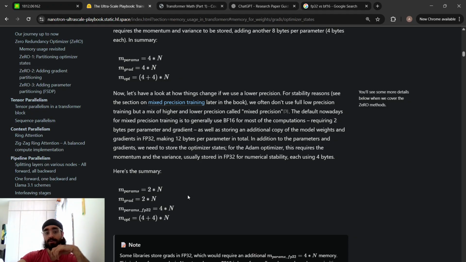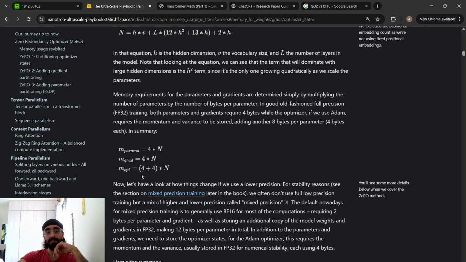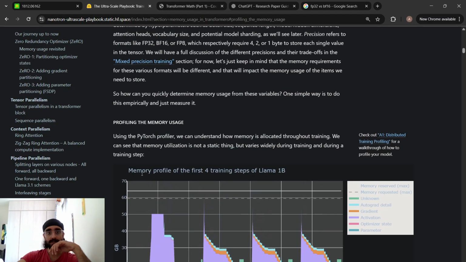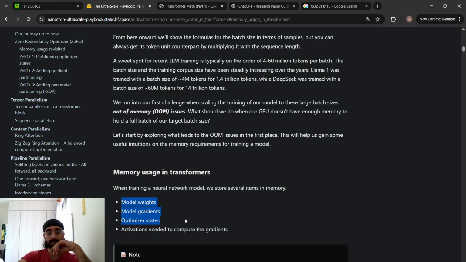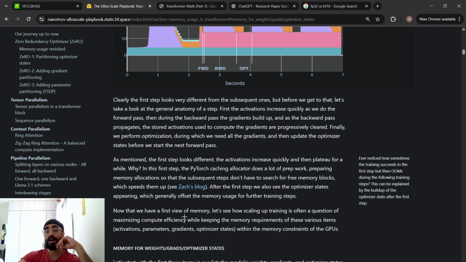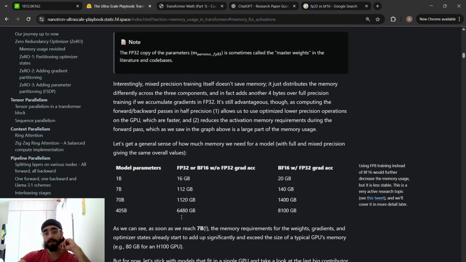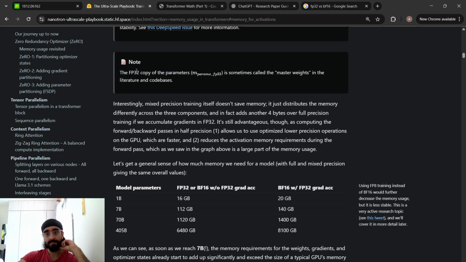Because although we're not saving any memory in terms of these first three terms, the activation, since now each activation would be in BF16 instead of FP32, the memory required for activations is halved, which is a significant memory reduction.